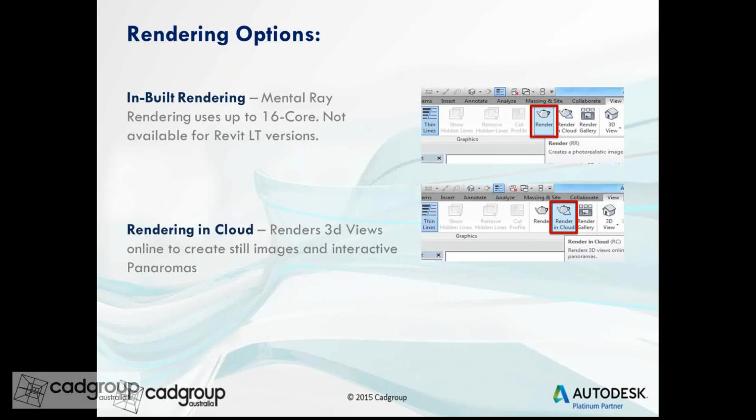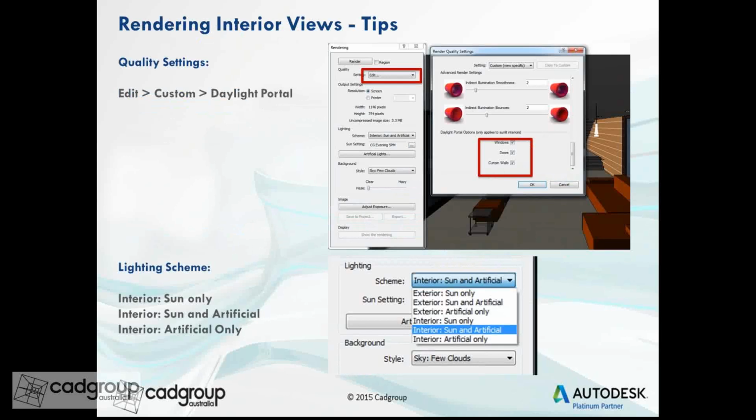This is also a very good feature available for Revit users, and it's been there for the last couple of years. You can use rendering in the cloud. You can render 3D views online to create still images and interactive panoramas.